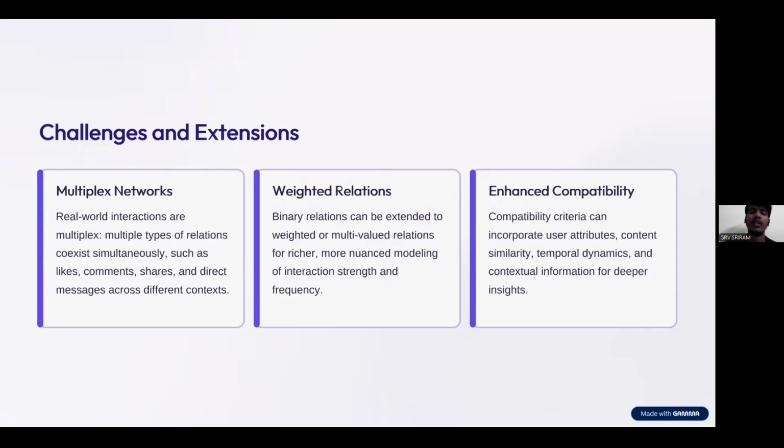Weighted relations: binary relations can be extended to weighted or multi-valued relations for richer, more nuanced modeling of interaction strength and frequency. Enhanced compatibility: compatibility criteria can incorporate user attributes, content similarity, temporal dynamics, and contextual information for deeper insights.